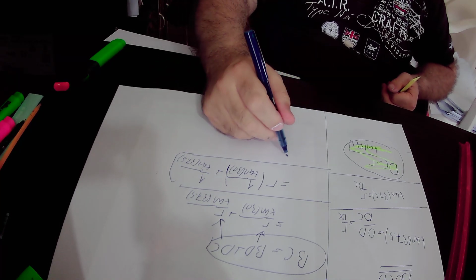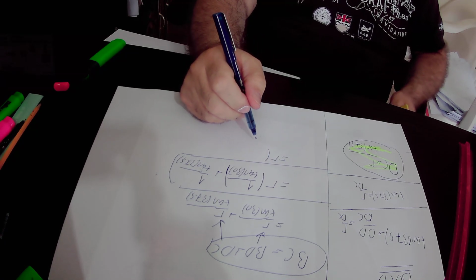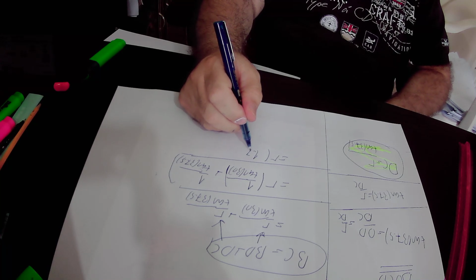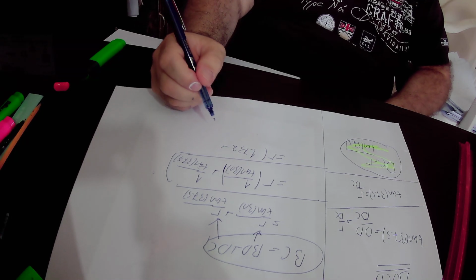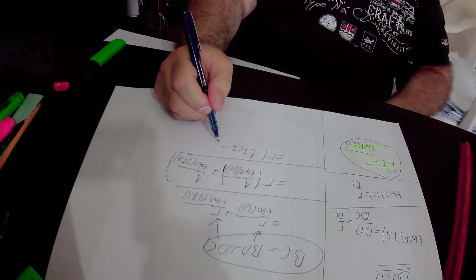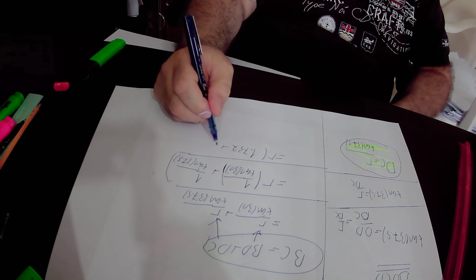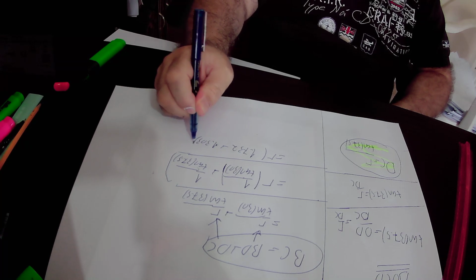So here R times 1 over tangent 30 degrees is equal to 1.732, plus 1 over tangent 37.5 degrees is equal to 1.303.